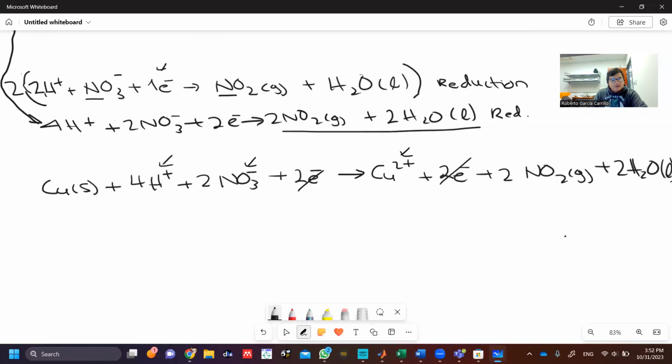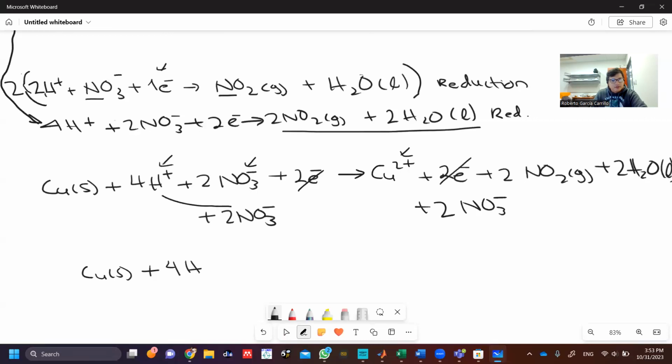Therefore, we need nitrates to complete the charge balance. So it will require from this side two other nitrates, and on this side 2 other nitrates. This way everything is balanced out, and we finish with the complete balanced equation, which is 4.